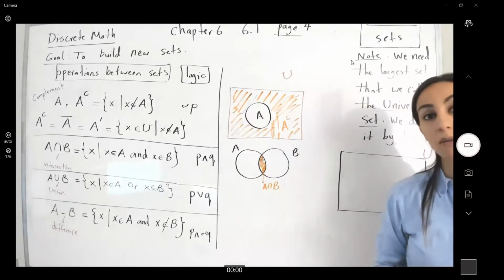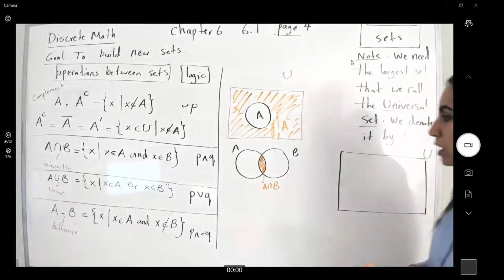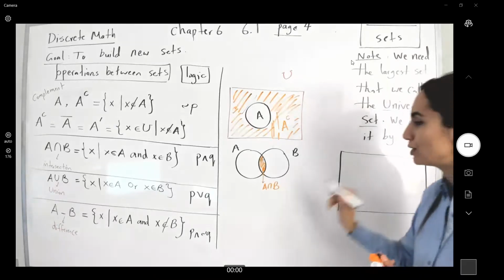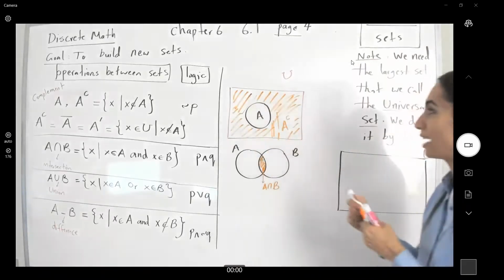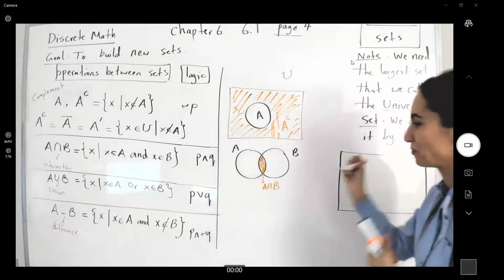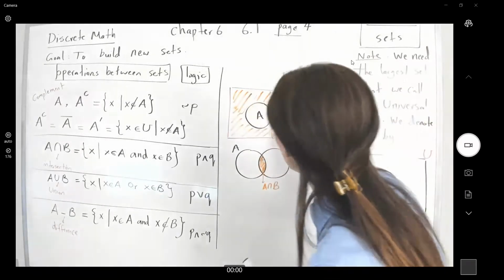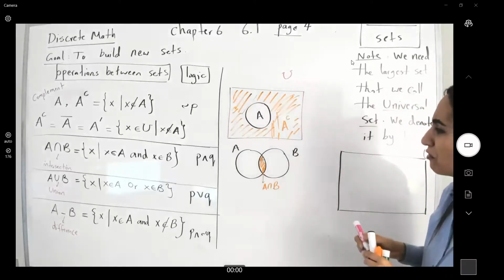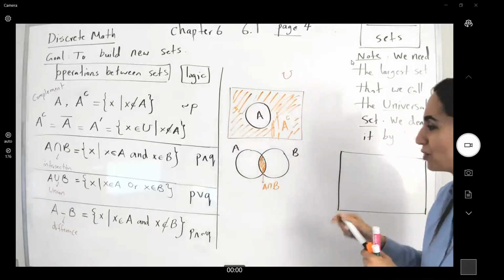What if we are talking about the union between two sets? Well, when we are talking about the union, we can have our universal set there or not, that's absolutely fine. Let's just use these two symbols.